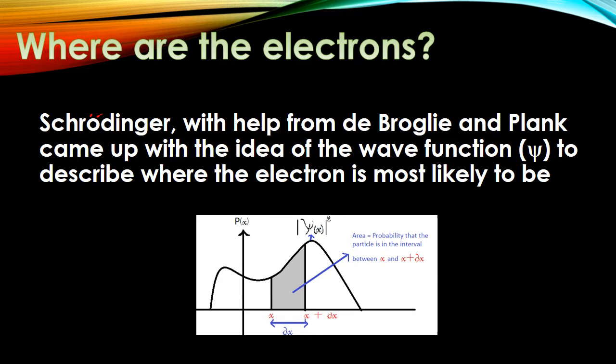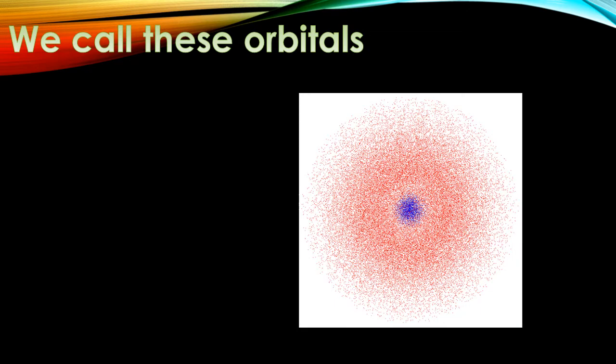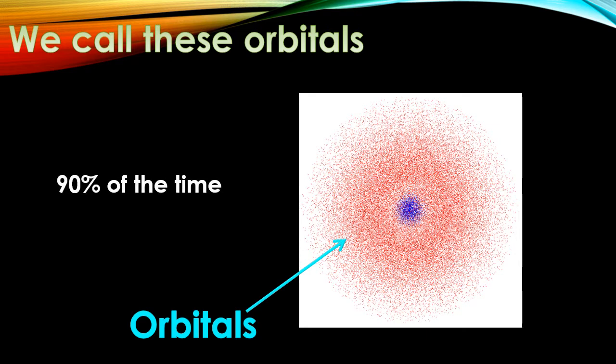So, what do you need to know from this really intense mathematics? You need to know about orbitals. Orbitals are probability maps. And we define an orbital as being where we find the electron 90% of the time.